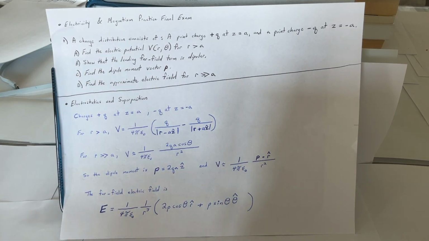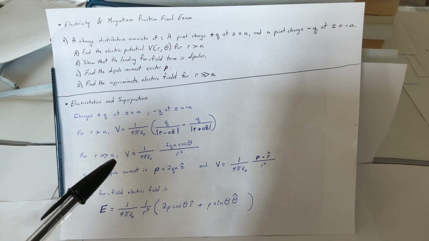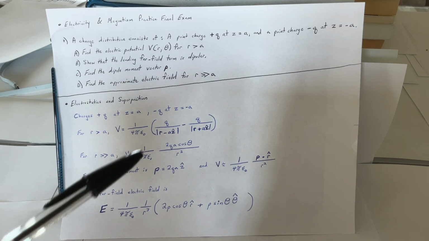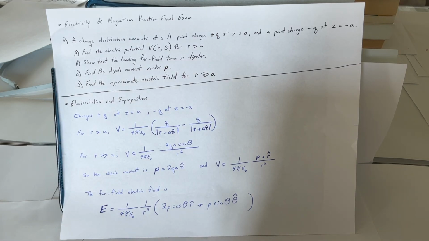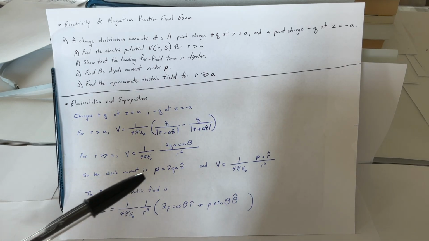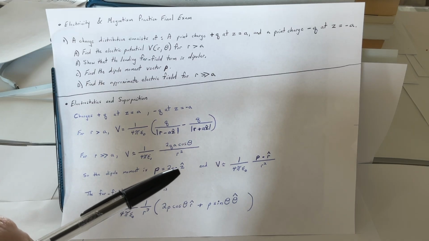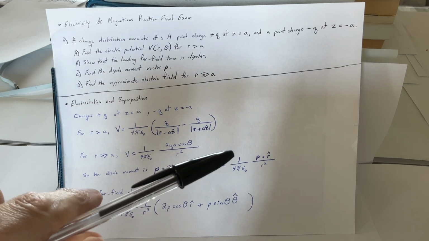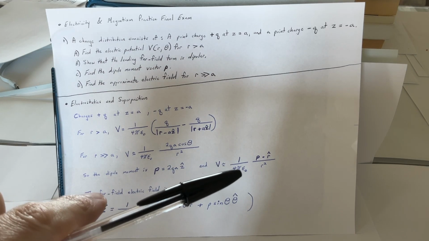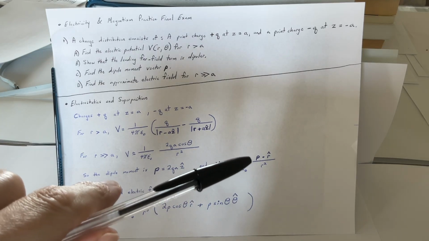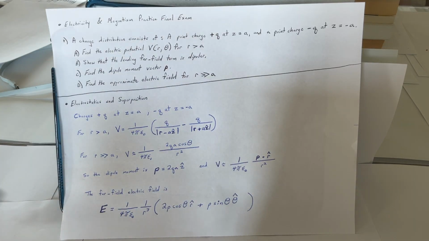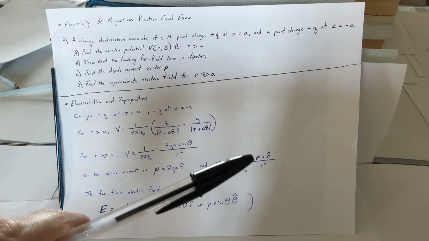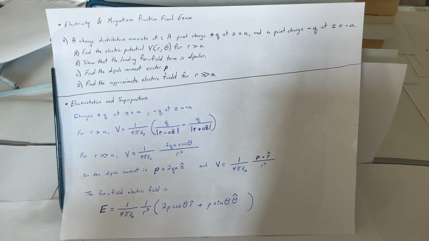For r much greater than a, V approximates 1 over 4 pi epsilon naught times 2Qa cosine theta over r squared. So the dipole moment is 2Qa z-hat, and V approximates 1 over 4 pi epsilon naught times the dot product of the dipole moment and r-hat over r squared.